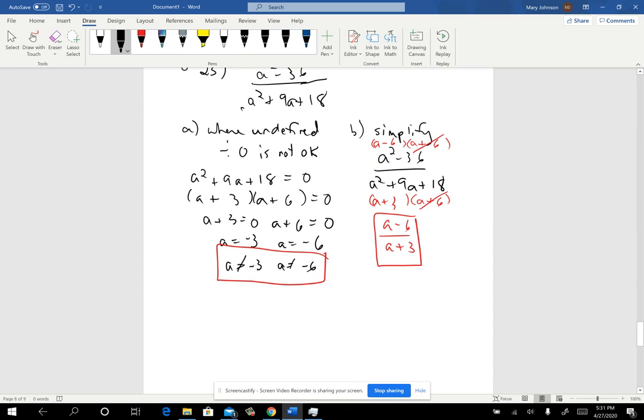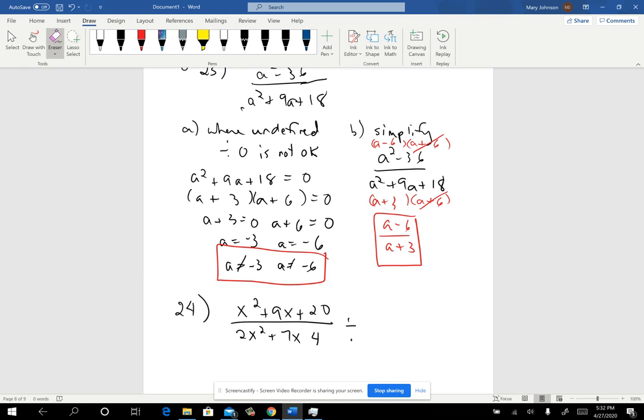Then number 24 is a division problem, and it's asking you to divide these two fractions. Okay, I wrote that wrong. Be sure you don't do that either. Copy the problem accurately. Really look to make sure you haven't miscopied when you copy from the screen to your paper.